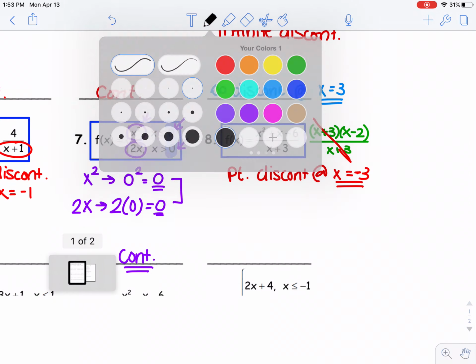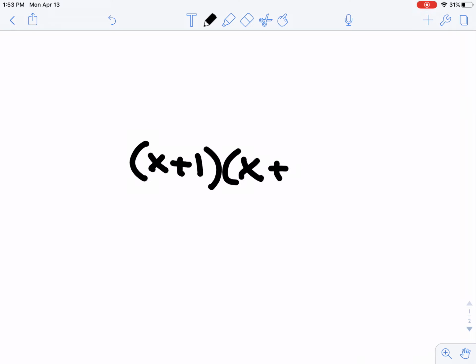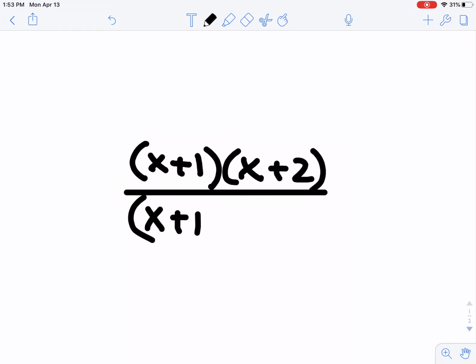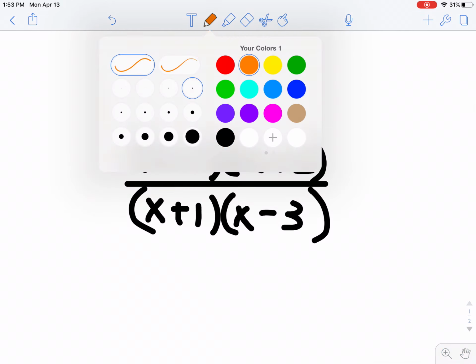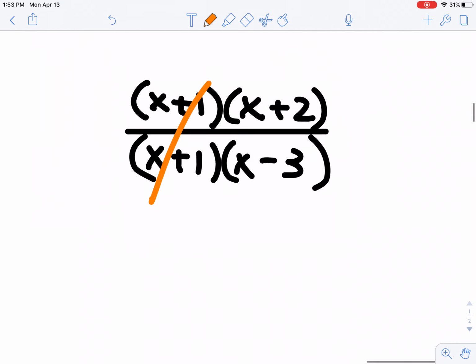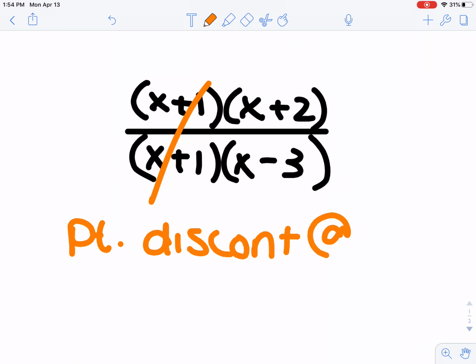Let me just show you a side example. So let's just say something factored like this. Okay, so here obviously there's going to be a hole because something does cancel. So that's going to be a point discontinuity at x equals -1.